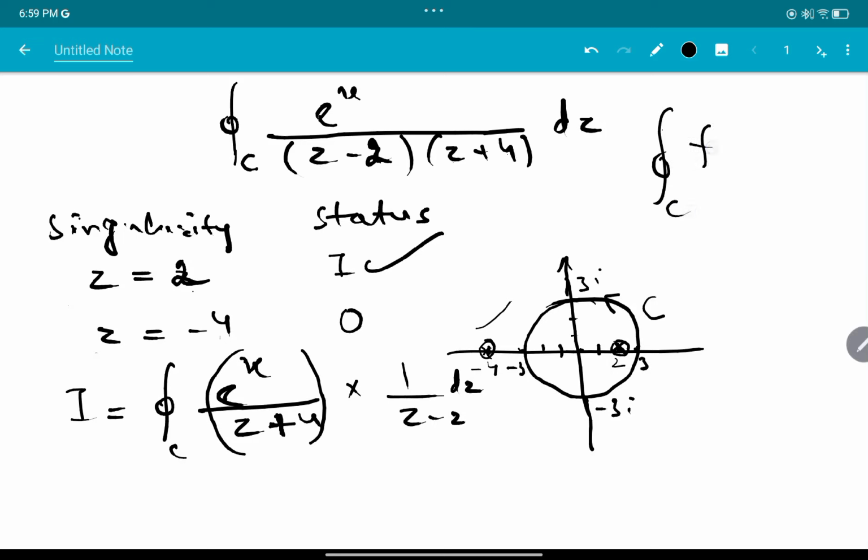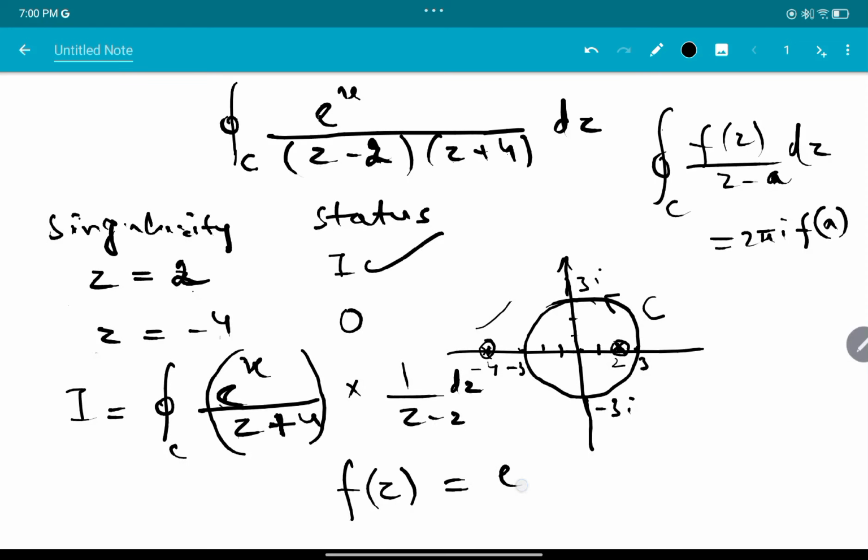The integral of f of z divided by z minus a dz, where a is the singularity, is equal to 2 pi i f of a. That means the value of this function f of z at a. This f of z is e raised to x divided by z plus 4. And where is z minus a? Z minus a is here.